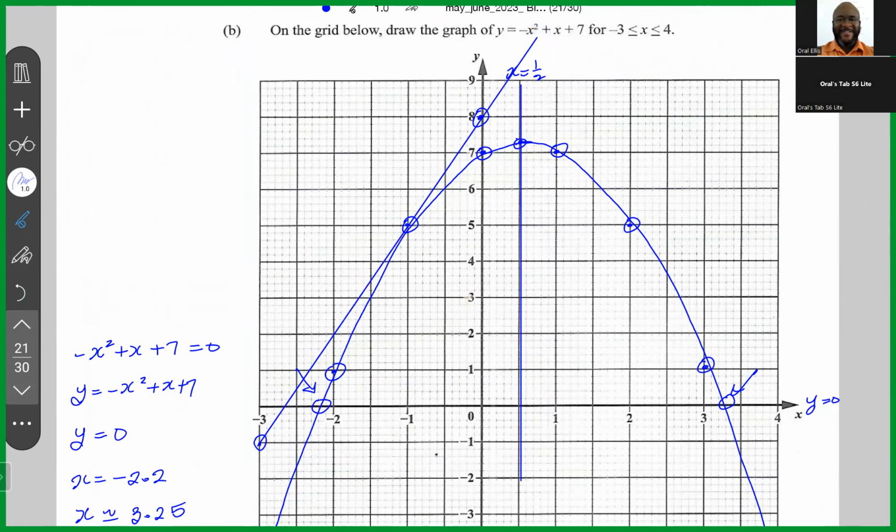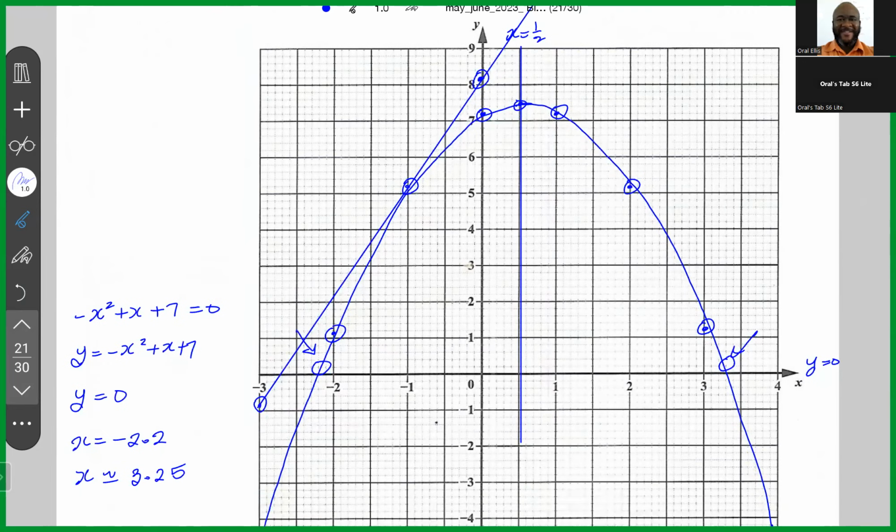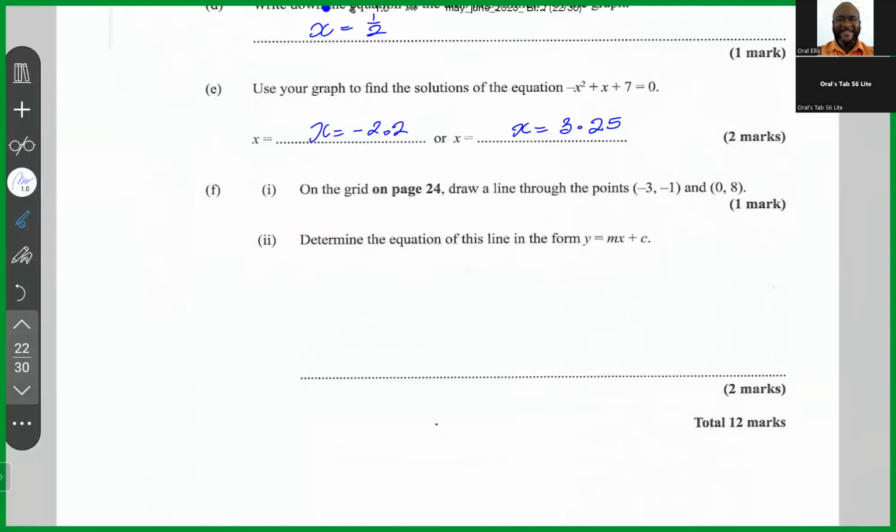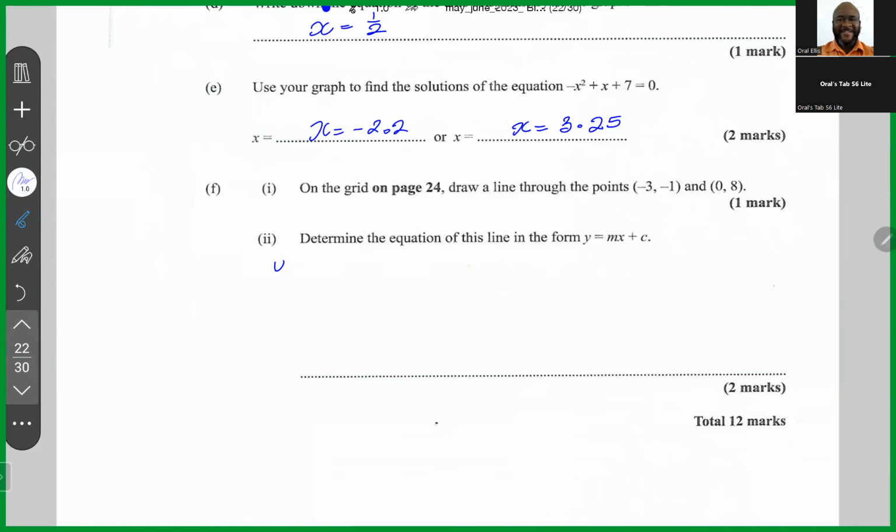Now we're asked to determine the equation of the line. So here's a little coordinate geometry. It's a straight line, and we're asked to determine its equation. For coordinate geometry, the equation of a linear graph is in the form y is equal to mx plus c.